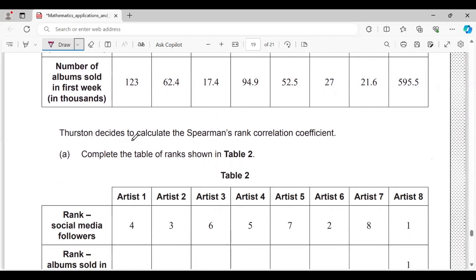Thurston decides to calculate the Spearman's rank correlation coefficient. Complete the table of ranks shown in table 2.